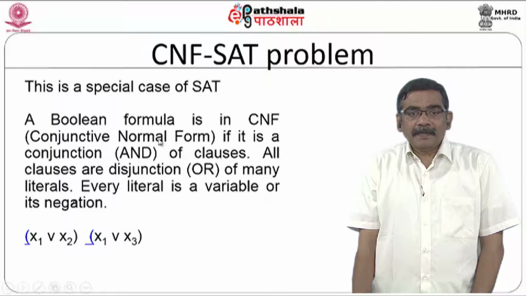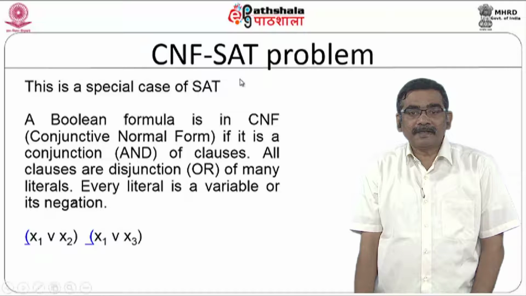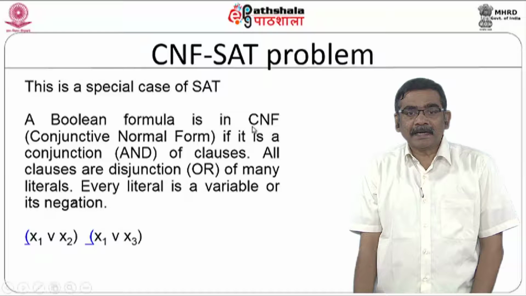Based on this we can form one more problem called CNF-SAT. CNF-SAT is an extension of that, where we put an additional restriction of conjunctive normal form, where every clause has variables that are connected by disjunction and all the clauses are connected by conjunction.